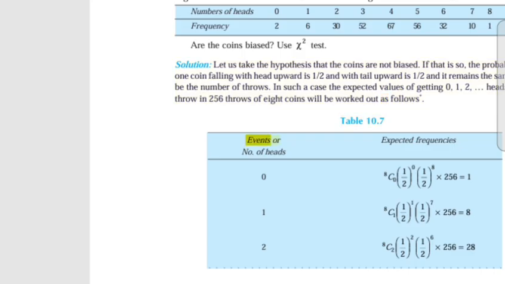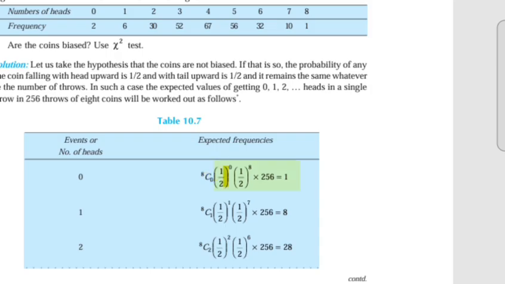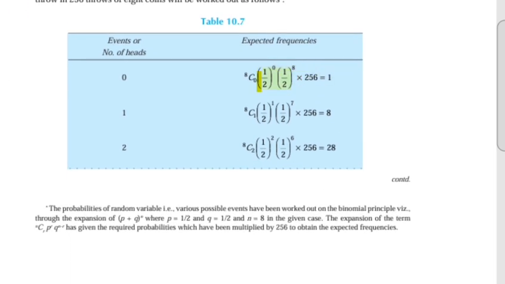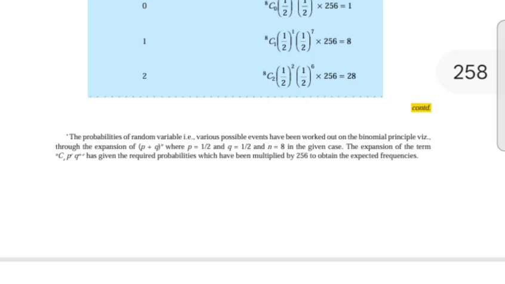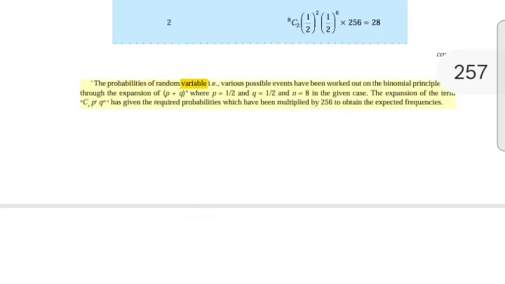Table 10.7: events, number of heads, and expected frequencies, worked out with the binomial coefficients times (1/2) to the power 8 times 256. The probabilities of the random variable, i.e., the various possible events, have been worked out on the binomial principle, viz., through the expansion of (p plus q) to the power n, where p equals 1/2, q equals 1/2 and n equals 8 in the given case.